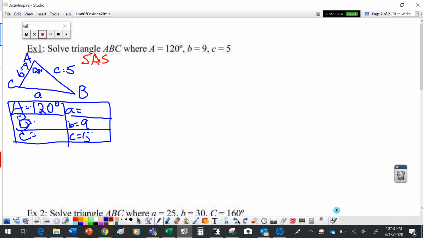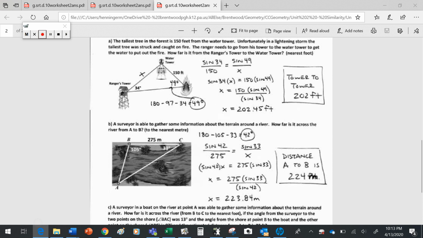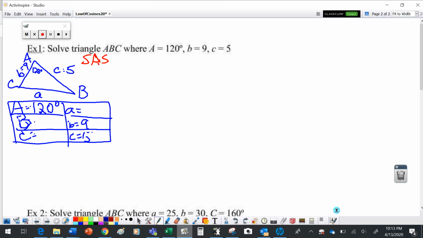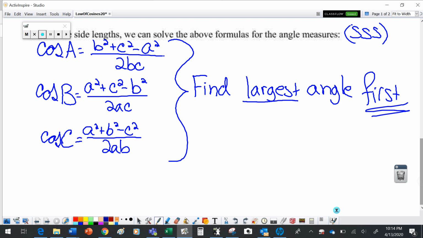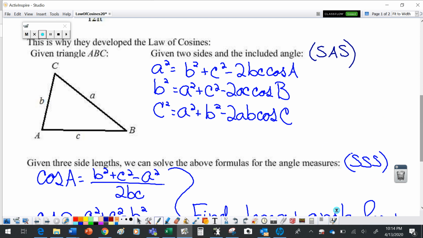So in order to find A, I look back at those formulas. Those are the ones that help me find the angle. I don't need to find an angle, I need to find a side. Okay, and that's these ones.